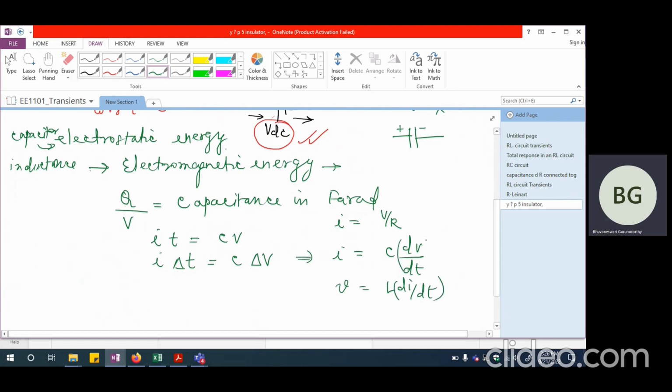So the capacitance and inductance have similar behavior, but the VI relationship is somewhat inverted, where I have C dV by dt equal to I, whereas V is going to be equal to L di by dt. That is the way you have the voltage and current relationship in the case of inductance and capacitance.